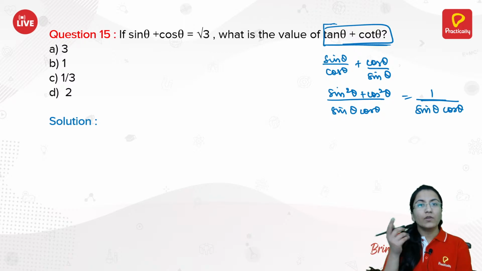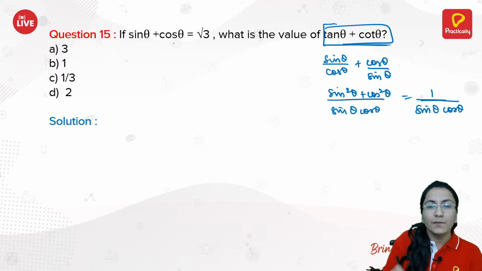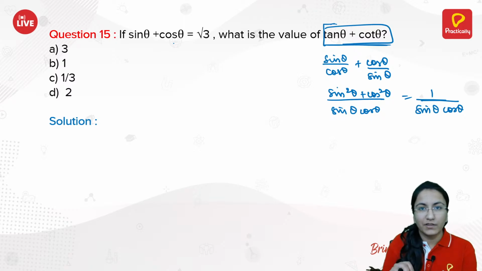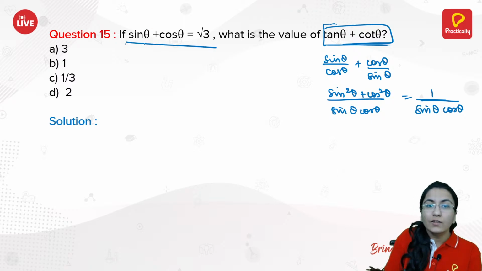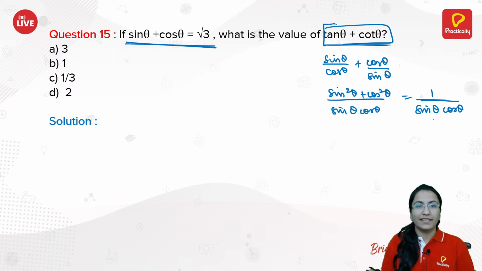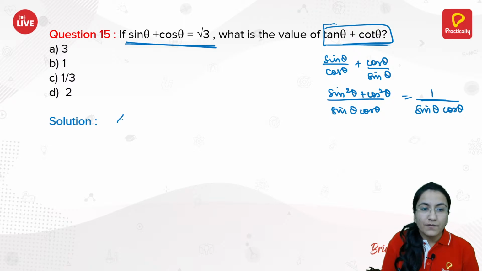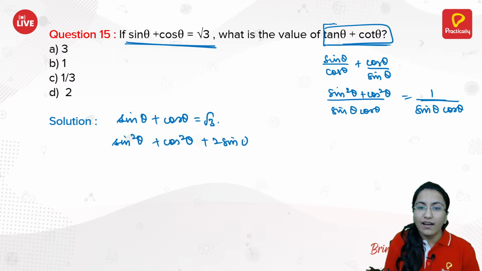So how can you find sin theta into cos theta? Think about that. You have sin theta plus cos theta equal to under root 3. You can use this to find sin theta into cos theta. How? Just square this. If you square it, you get sin square theta plus cos square theta plus 2 sin theta cos theta equal to 3, right?